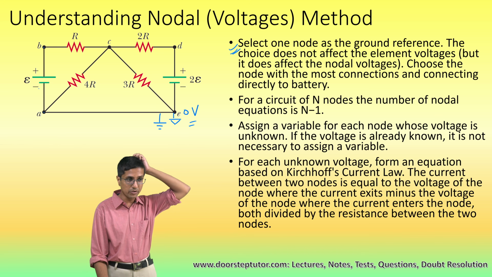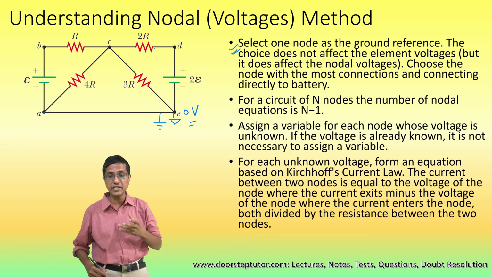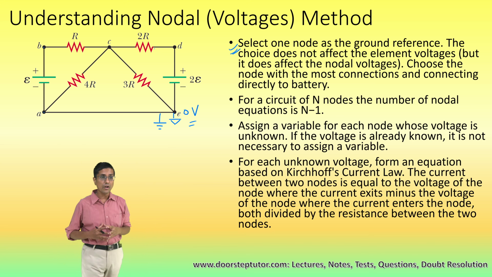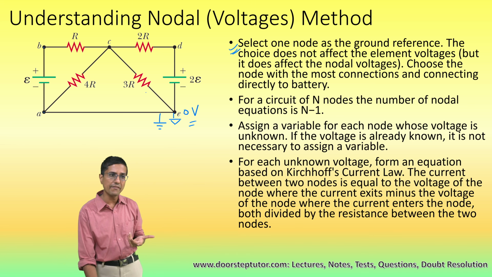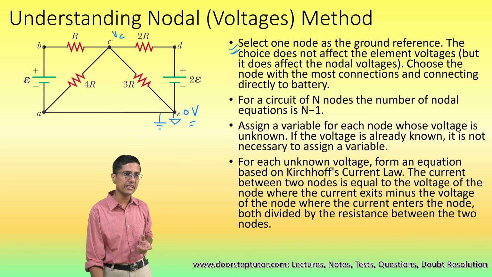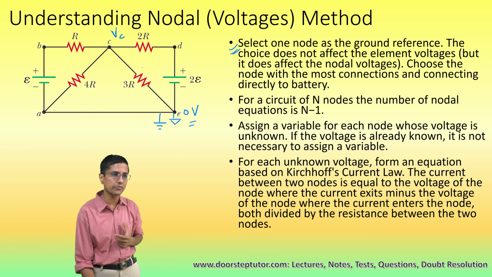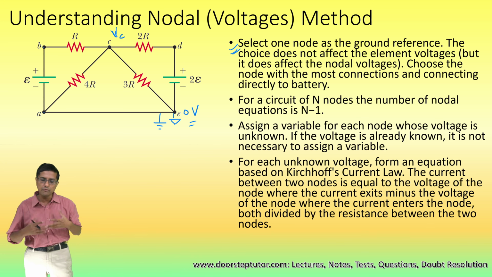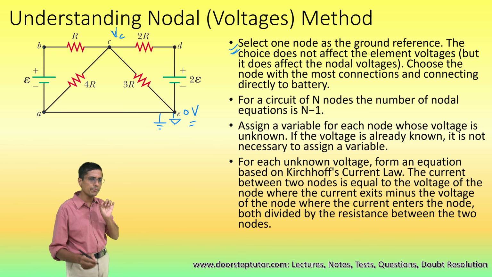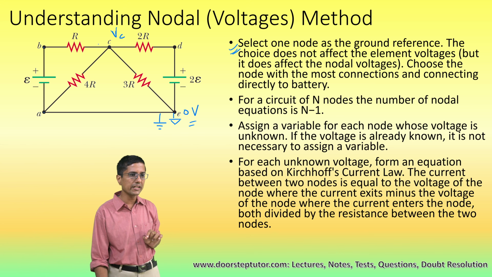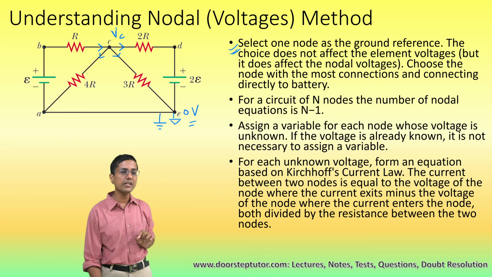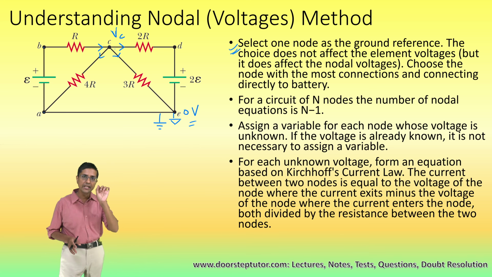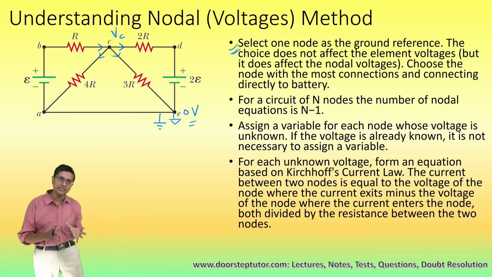Now we can write all other voltages in terms of this ground voltage of 0 volt. We try to assign the voltages to all other nodes as much as we can. For those nodes which are left out, for example, in the case of this node C, we didn't know the voltage here. So we assign a variable voltage here, VC, V1, V2, whatever you want to call it. And for the nodes where we don't know the voltages, we write down the Kirchhoff current equation.